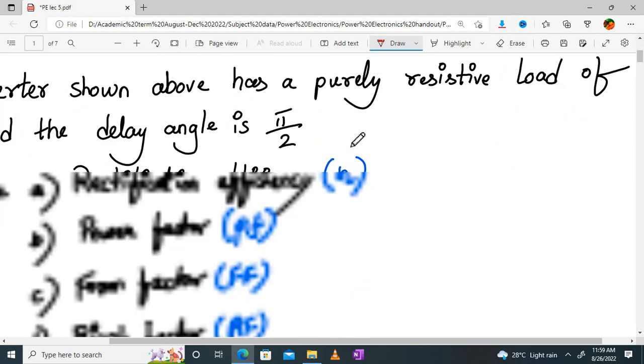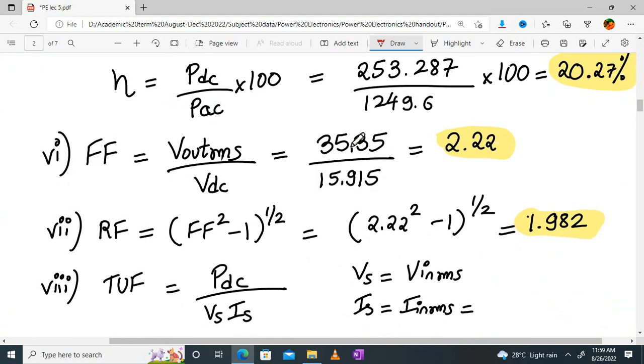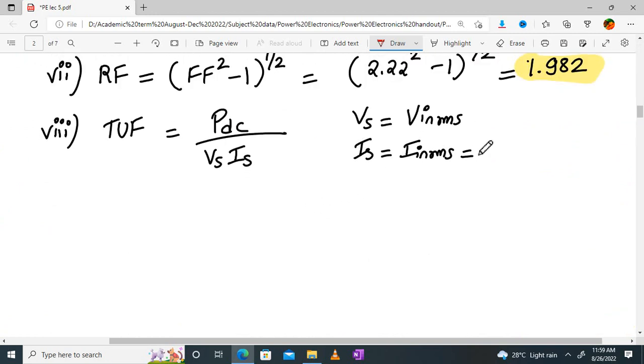So I can write it down as IS is equal to I in RMS is equal to I out RMS, correct? And what is I out RMS? Is it correct? Yeah? Because current in the loop is same. So please substitute these values.